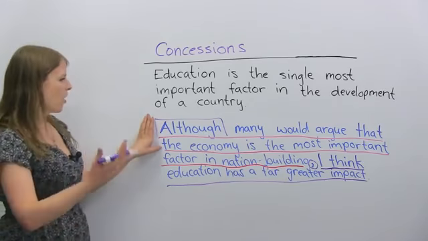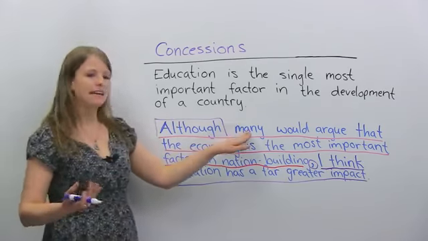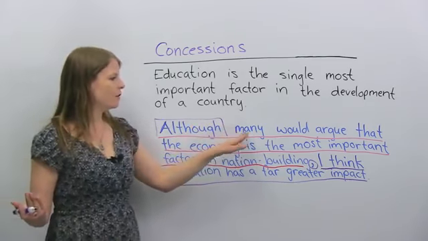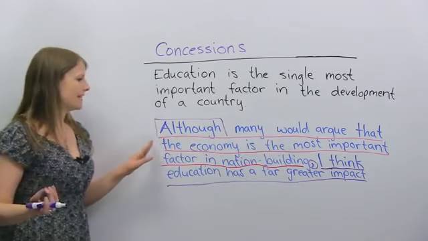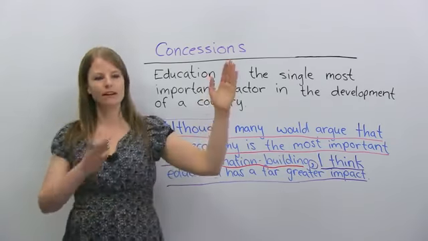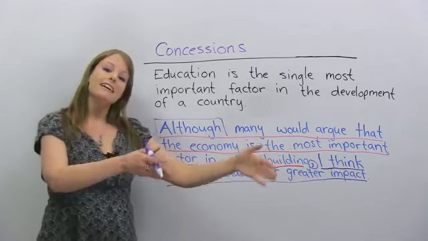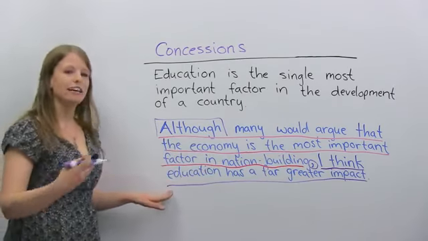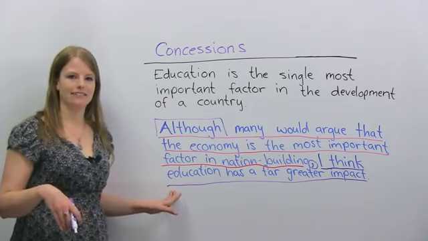In this case, although many, meaning many people, although many would argue that the economy is the most important factor in nation building. Okay, so this is what some people would say. Now I'm going to say what I think. I think education has a far greater impact.